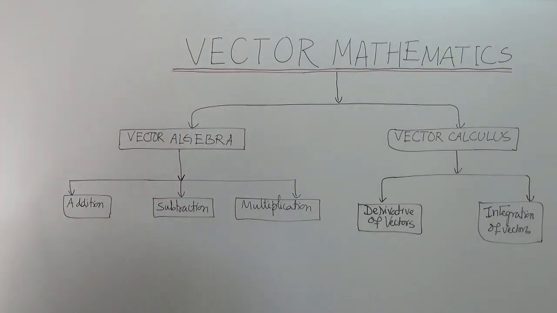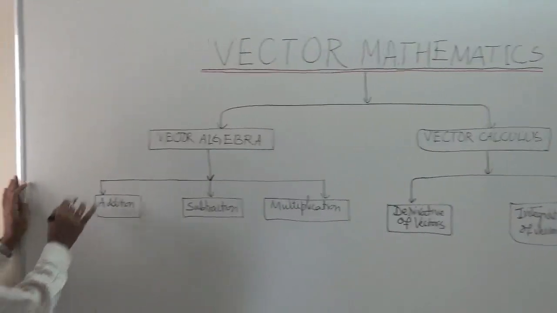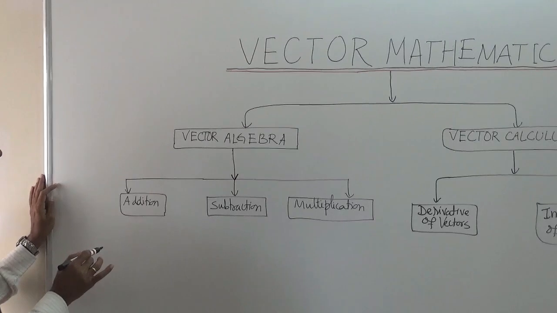The first part of vector algebra is addition. What is the use of addition of vectors in physics?